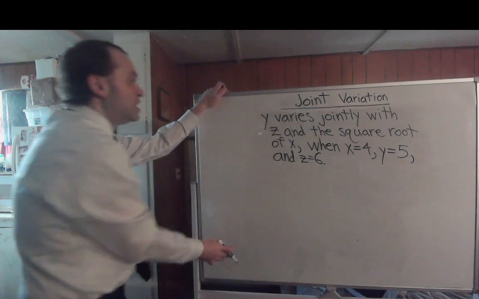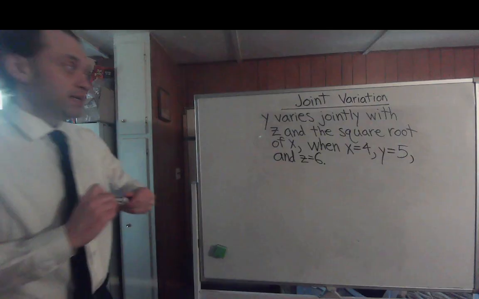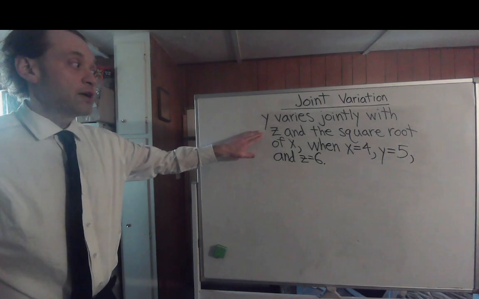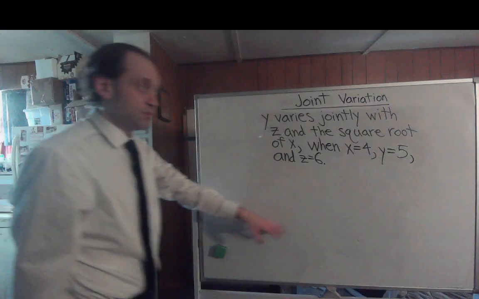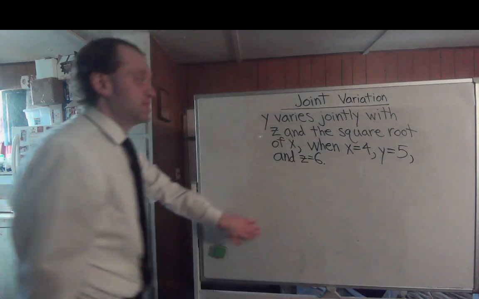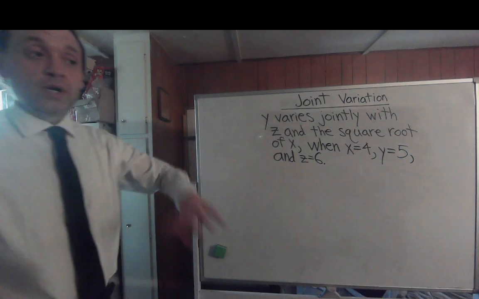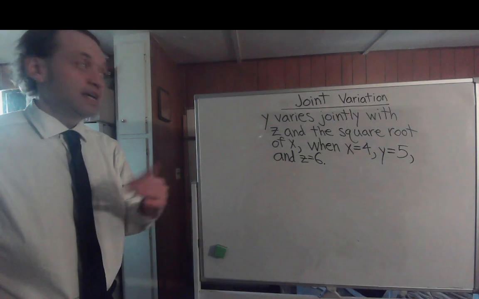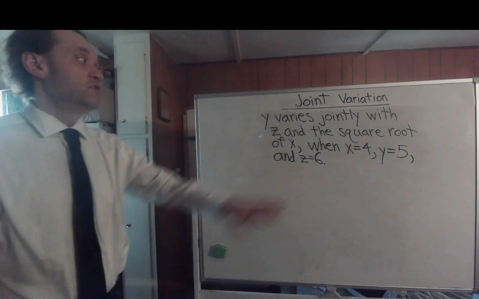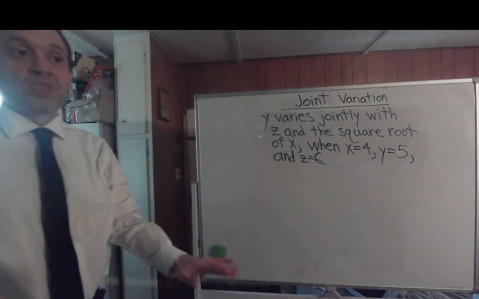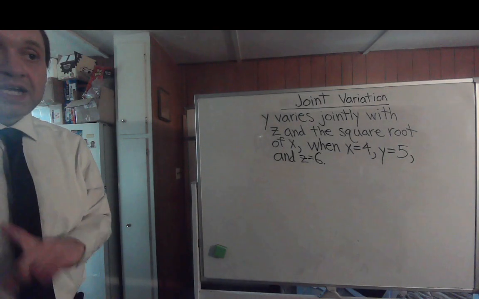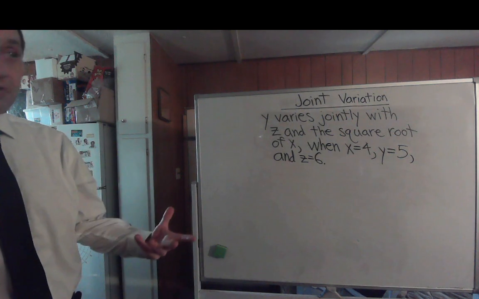Okay, so y varies jointly with z and the square root of x when x equals 4, y equals 5, and z equals 6. Well, again, it just says jointly, so it doesn't say anything about inverse. If it just says jointly, that means direct variation with multiple variables.